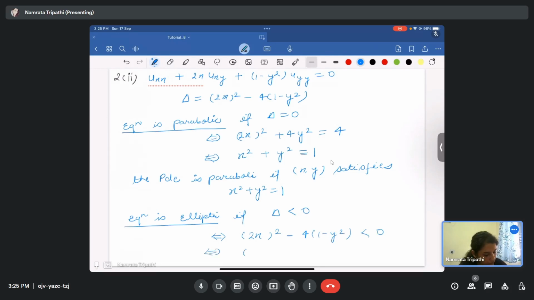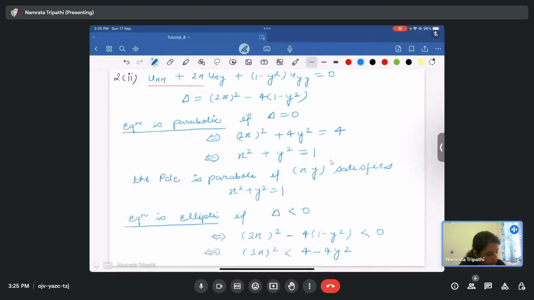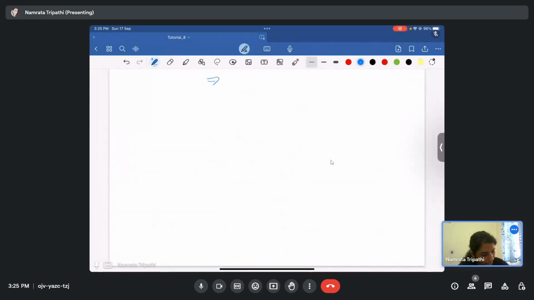That means, you can take 4 outside and cancel out, that means x square plus y square less than 1. So inside the circle you will say the PDE represents an elliptic equation. You can write here.